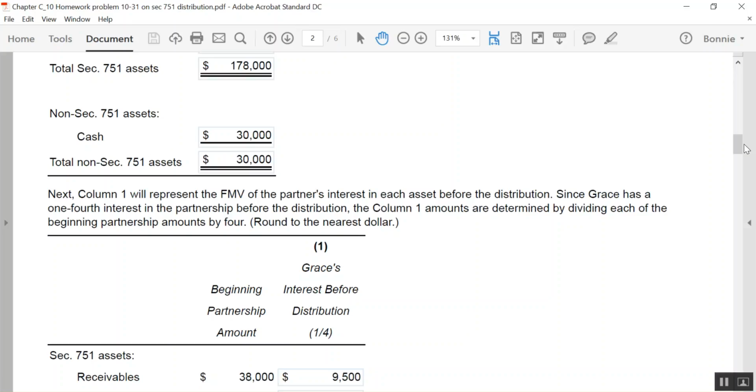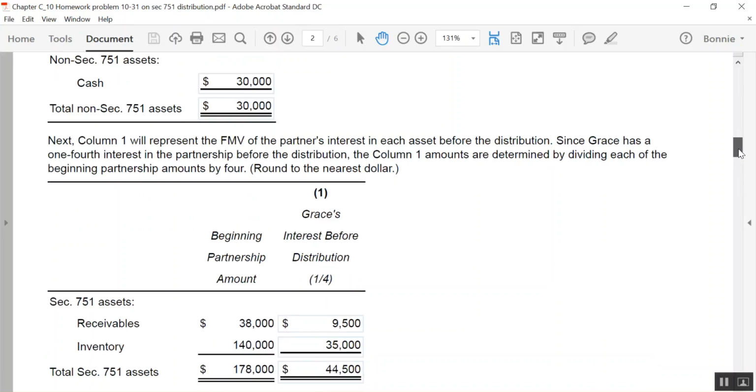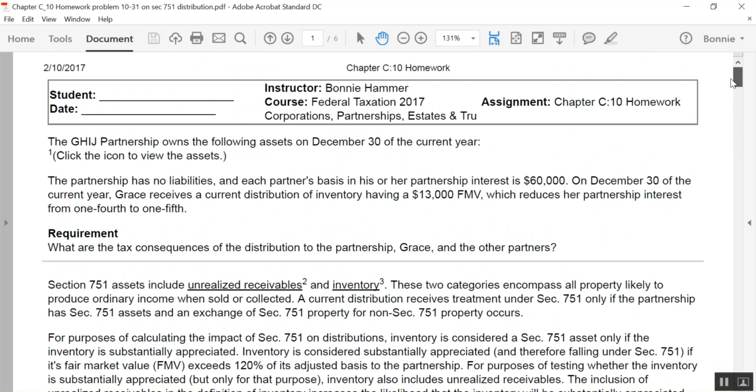Next, column 1 is going to represent the fair market value of the partner's interest in each of these assets before the distribution. And Grace, we are told in the facts above that the partnership has no liabilities and each partner's basis in his or her partnership interest is $60,000.